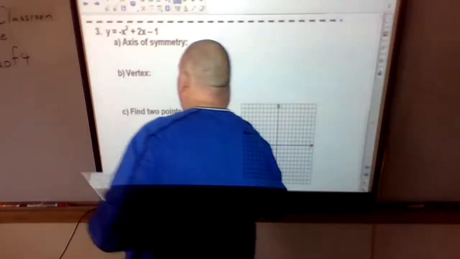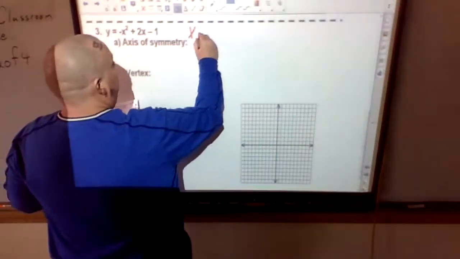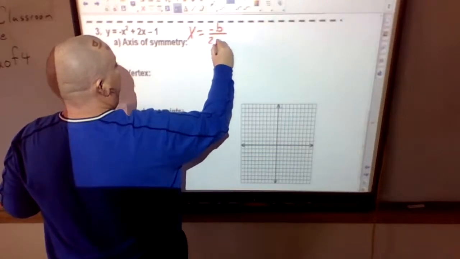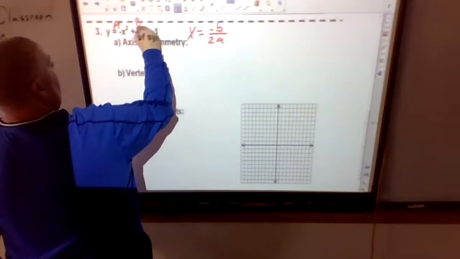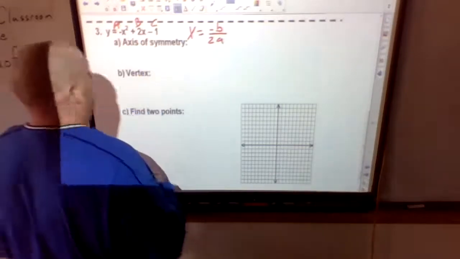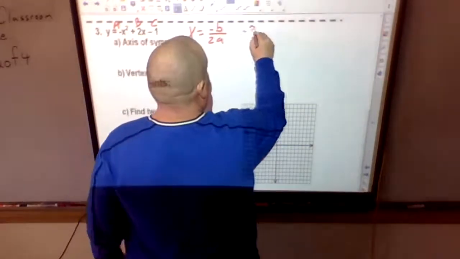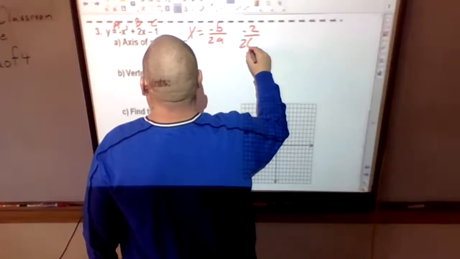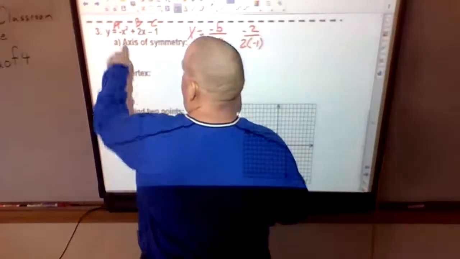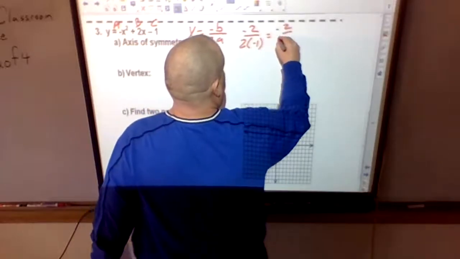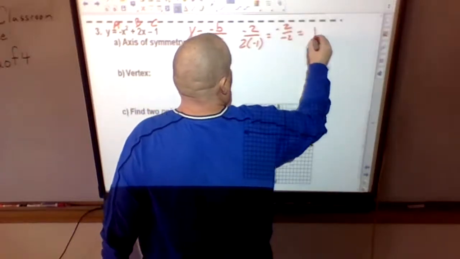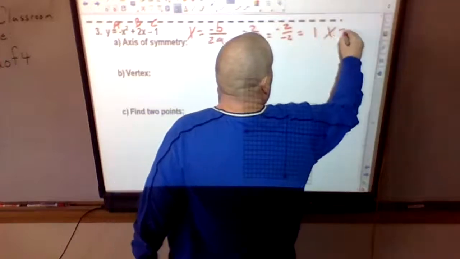So that formula, if you recall, is x equals negative b divided by 2a. So here's my a, here's b, there's c. So it's going to be negative 2 divided by 2 times negative 1. Remember, it has a negative coefficient, that's negative 1. So negative 2 over negative 2, and so x equals 1.